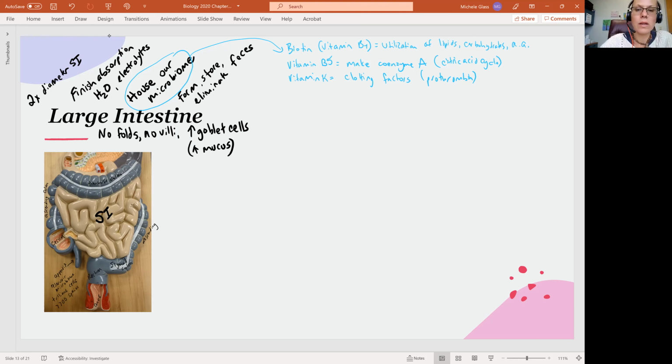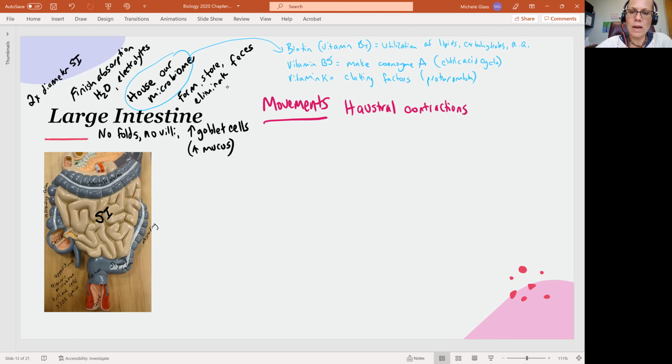When we look at the large intestine, we'll see that there are 3 different types of movements. So we're going to see here what's described as haustral contractions.